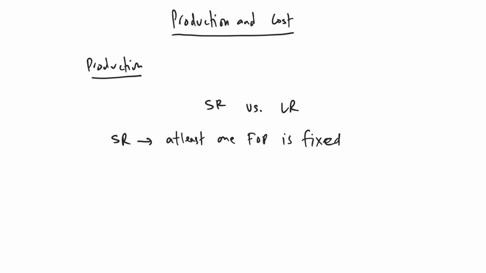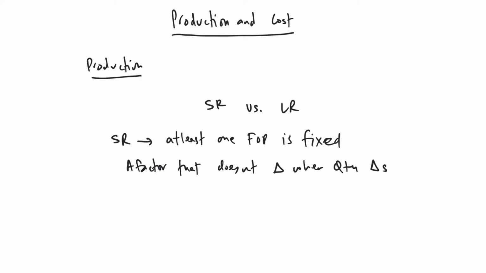Fixed factor of production is a production factor that doesn't change when quantity changes. Like for example, if I'm teaching more kids, right? So the quantity of output is changing, but the classroom is not changing. So this classroom would become what we call a fixed factor.